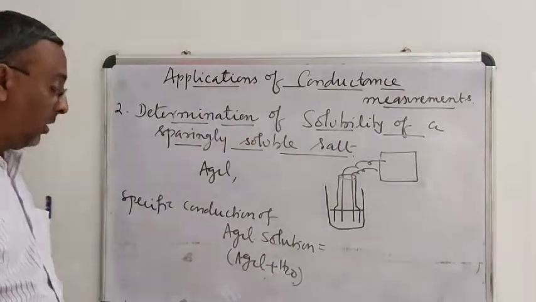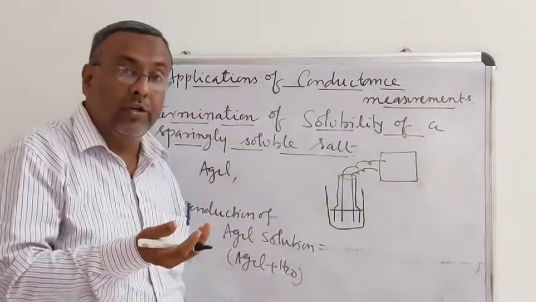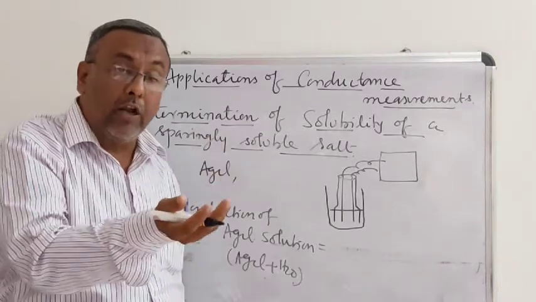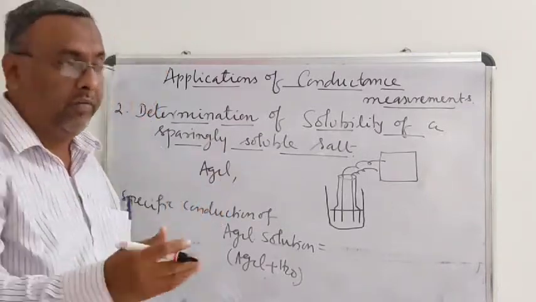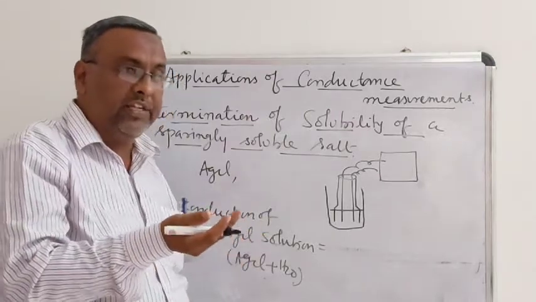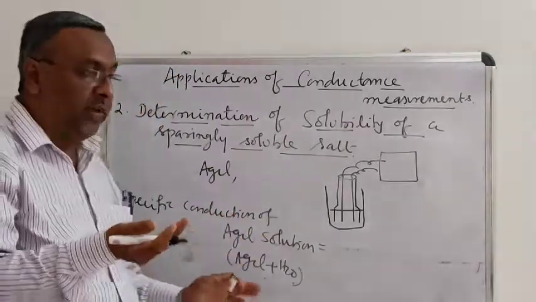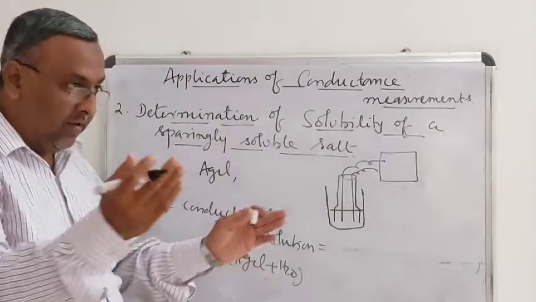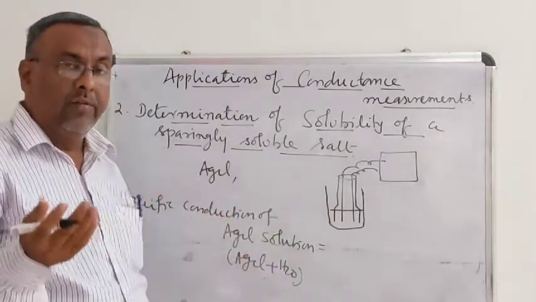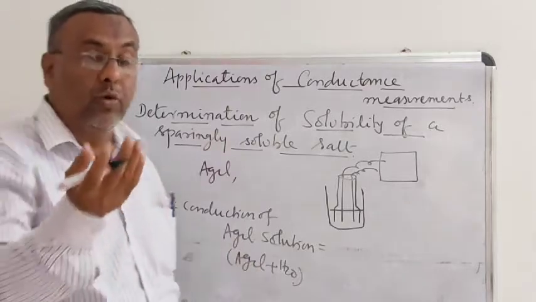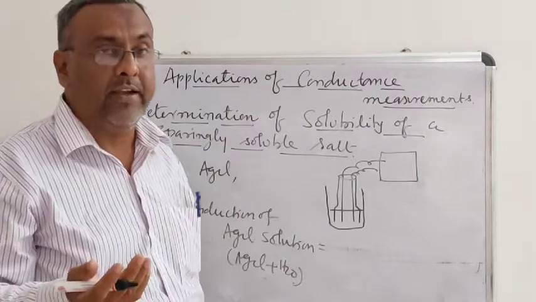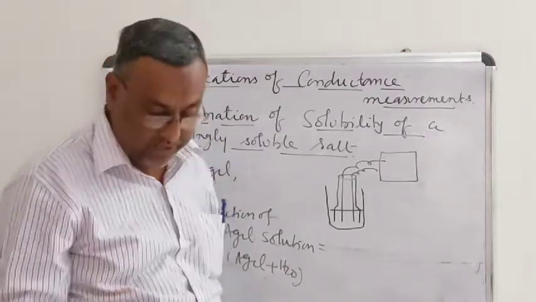Then we find out the conductance of the water alone in which it is dissolved. Its specific conductance is also determined. When we subtract these two, we get the conductance due to only silver chloride. When it is multiplied by the cell constant, we get the specific conductance value.